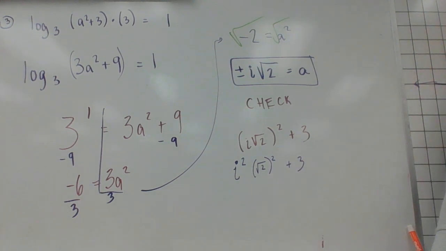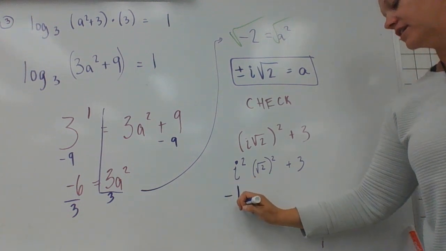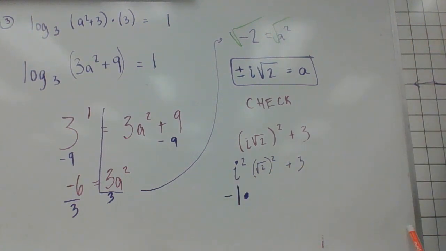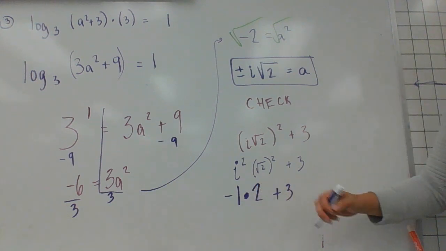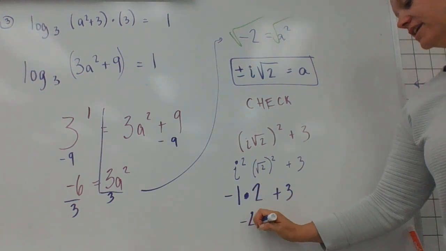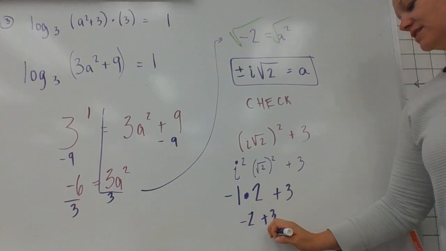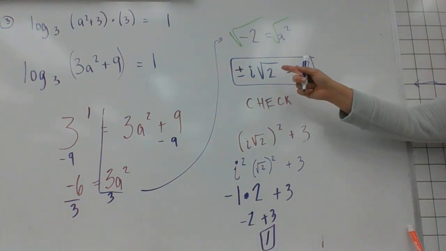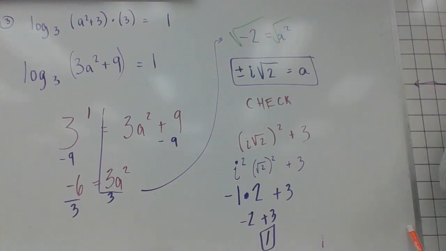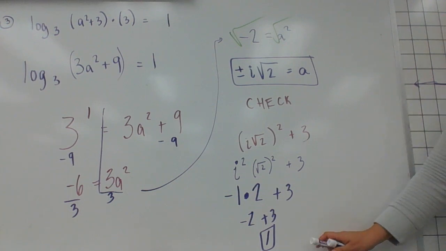Does anybody remember what i squared is? Negative 1. And the square root of 2 times the square root of 2 is 2. So this is actually negative 2 plus 3, which comes out to be a positive 1. So when I plug this complex number into that set of parentheses, you actually get an argument of 1, which is still within the parameters of the definition of log, so it works.